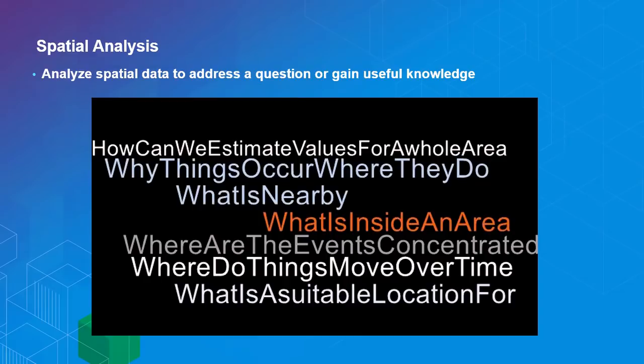So first of all, we're trying to unlock the information out of data. And that's all we're trying to do. We're using data for things that we can't go out and observe ourselves. So either it spans a large area or it spans a large number of time. So we're being able to analyze data to help us answer those questions much more easily.